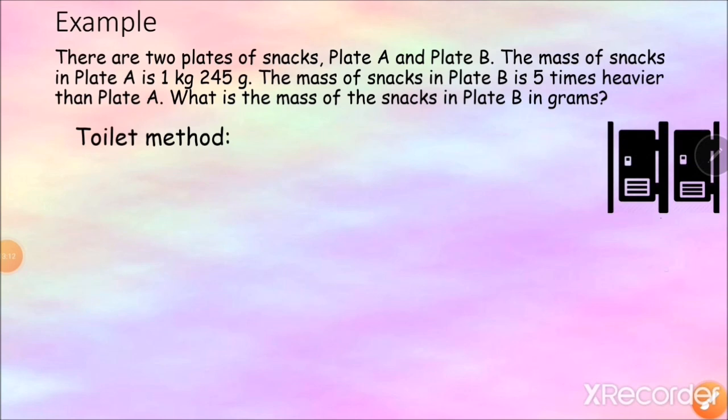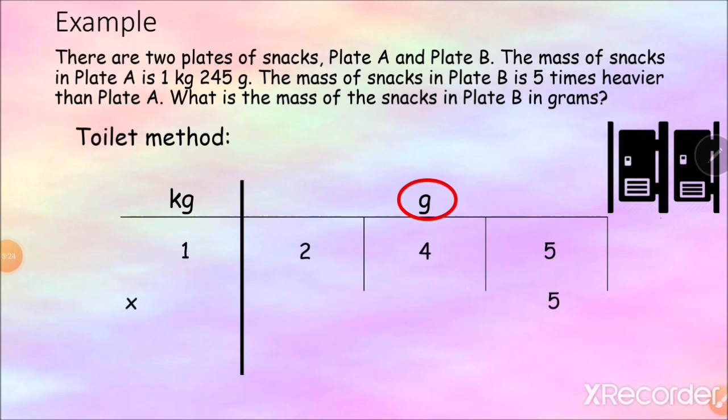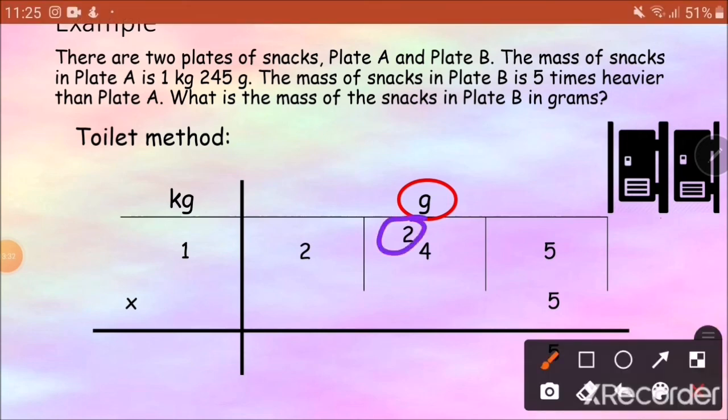Let me show you this. Toilet method. The same thing, we draw the toilet method. This one's the line. The question wants it in gram. Then we fill in the blanks and multiply by 5. Then we do the usual one. 5 times 5 is 25, then we bring the 2 up here.